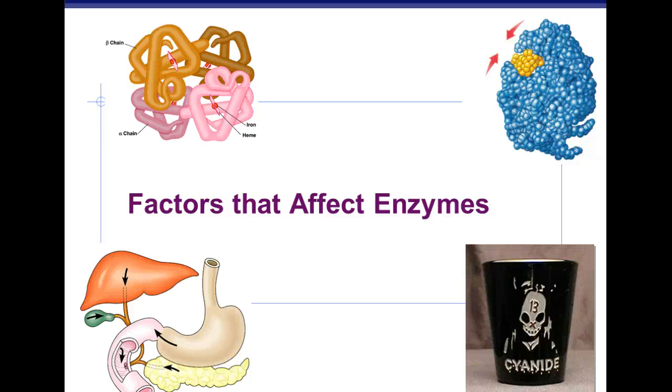For example, in your body, the temperature is 98.6. That's the perfect environment for the enzymes in our bodies to work. However, we also know that that environment can change due to injury, illness, etc. So let's look at how a change in environment can affect our friends, the enzymes.